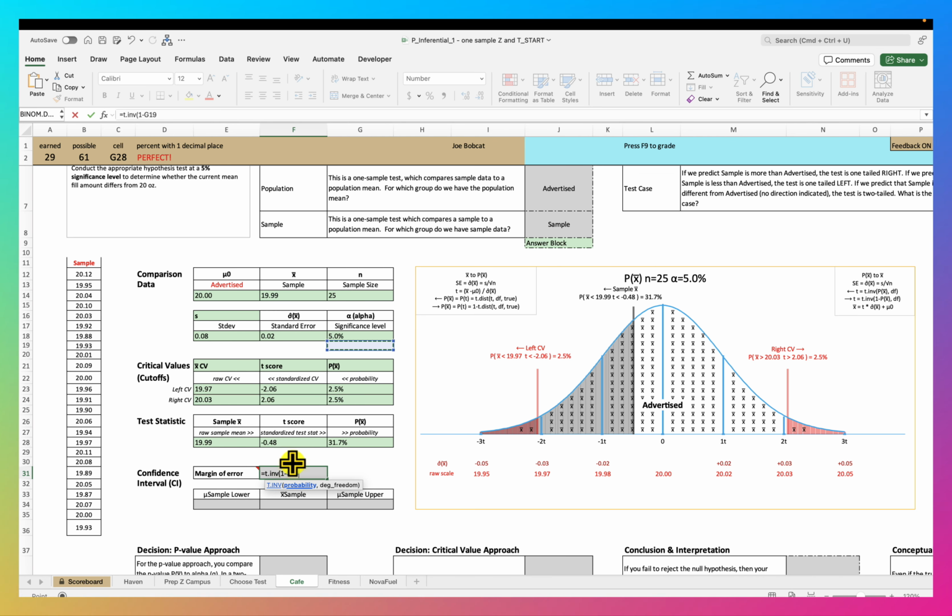Be that alpha divided by 2, and then that minus 1 for degrees of freedom. But I shouldn't have ended the parentheses there. Let's go back. There. Over 2. Oh, I'm going to multiply that by the standard error. Times the standard error.